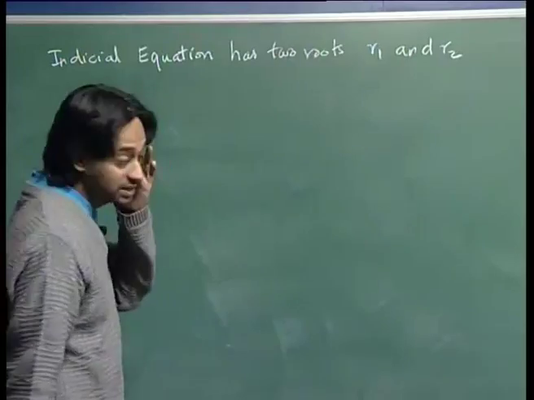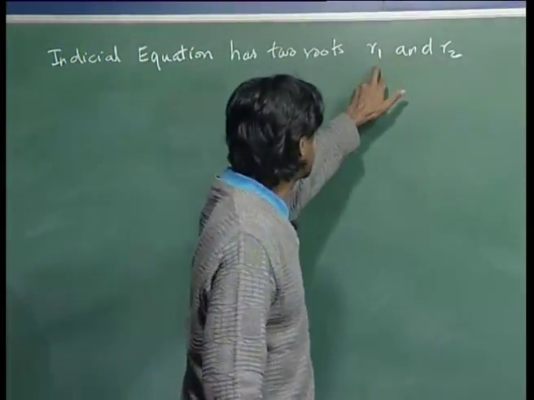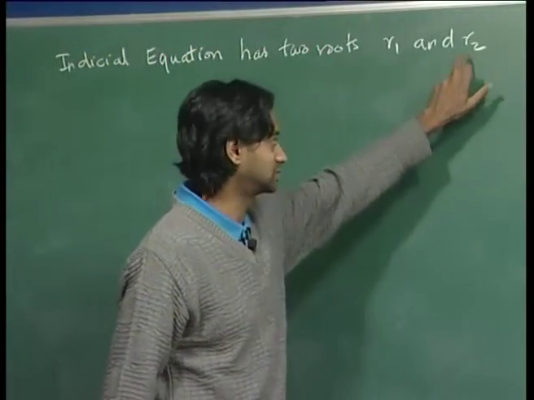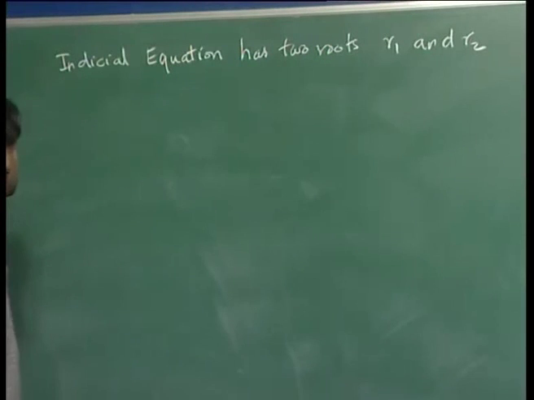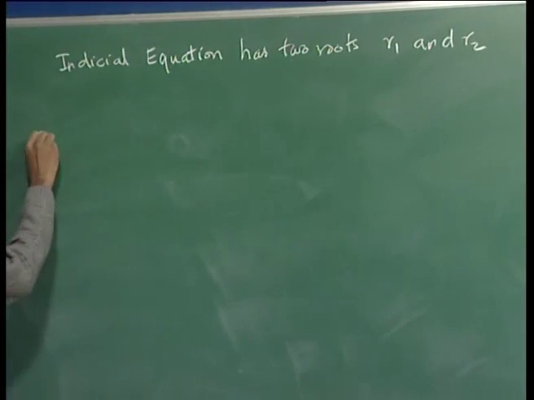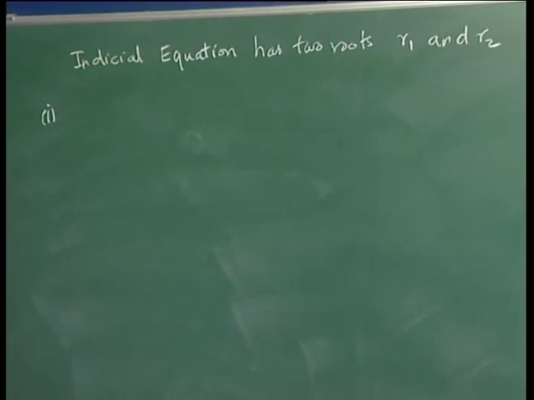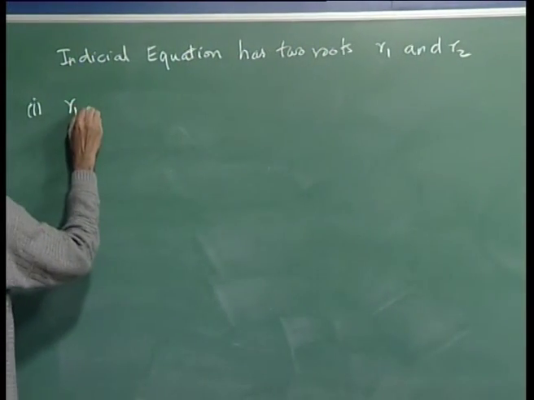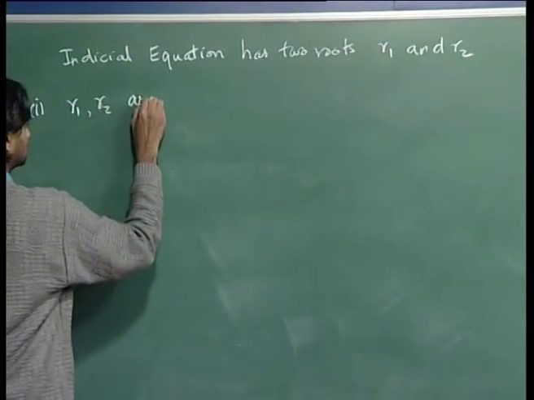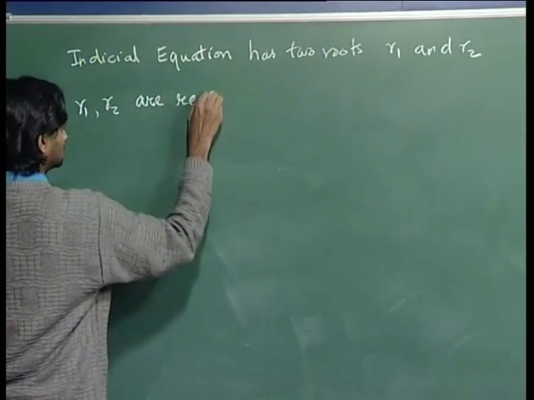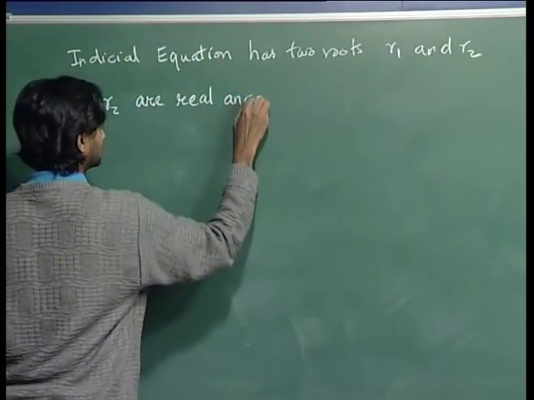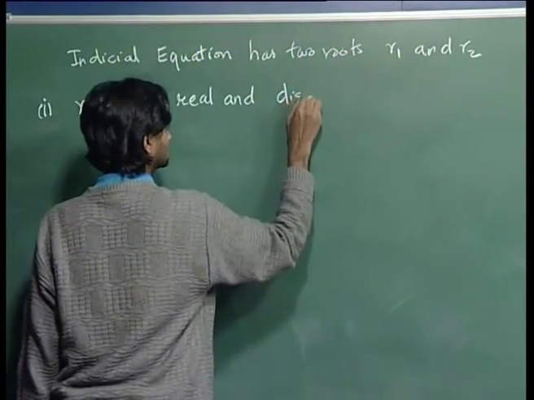In the case of Bessel's equation, r 1 was equal to nu, r 2 was equal to minus nu. Okay. And there are three cases. First case, r 1, r 2 are real and distinct.